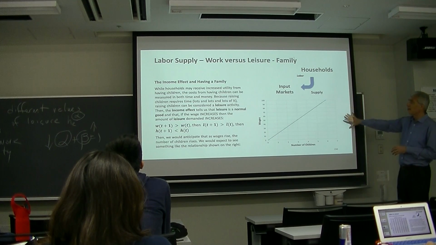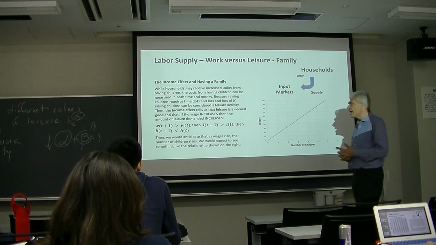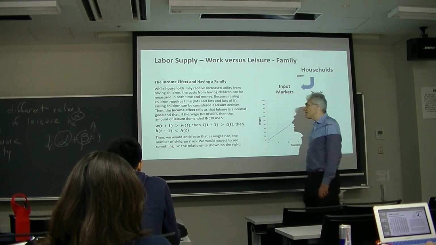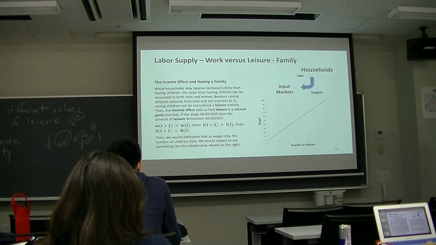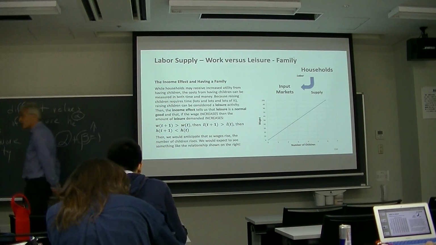Now I just want to talk about some choices in terms of income and the choice of having a family. We can use this to think about what happens in terms of having a family. If you have children, certainly children are expensive, and there's a lot of work, but there's also a lot of satisfaction.